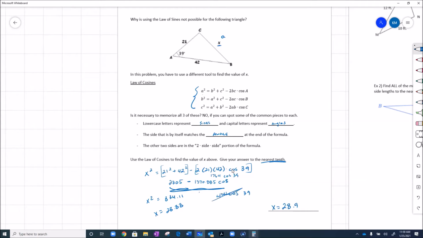Please don't do that. You can avoid that by approaching it the way that I told you to, taking these things separately and then subtracting afterwards. A couple more examples on this next page.